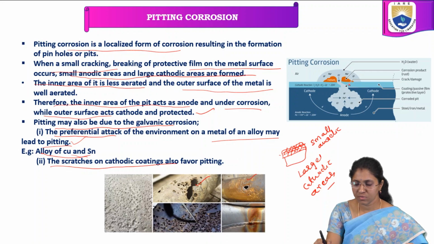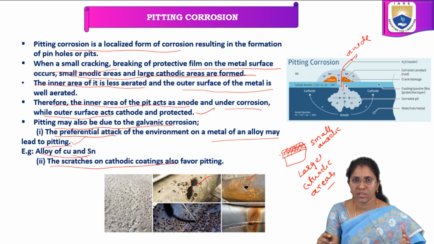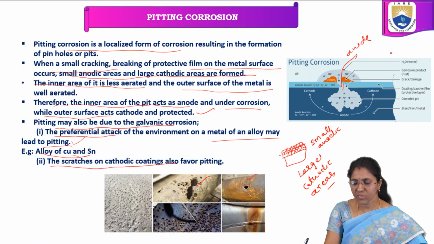Here small anodic areas are there because of breakage of that film, the metal oxide film. The small areas exposed to less oxygen undergo corrosion, while the more oxygenated areas are protected.